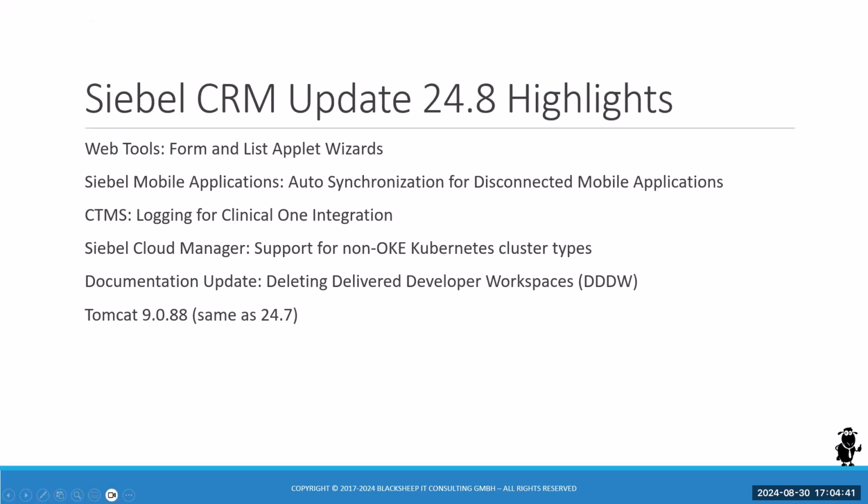And as is the custom with the Siebel Friday, we have a little bit of an agenda. And of course, the first item on this agenda is the latest Siebel update, which is 24.8. So there's quite some exciting news about 24.8 that we will see in a moment. We also talk about Siebel deployment like it's 2024, so brace yourself for some cloud action or container action.